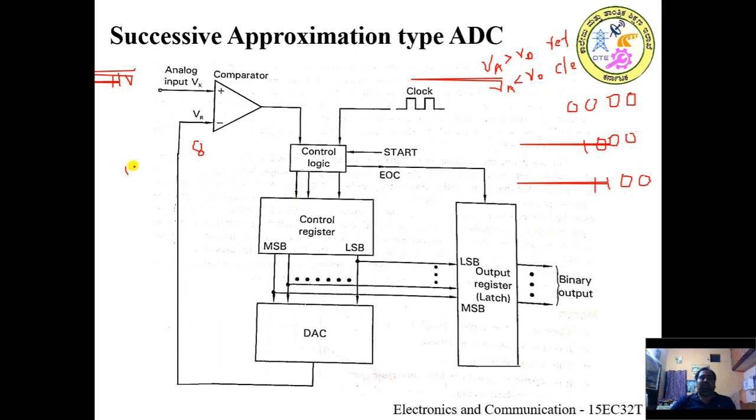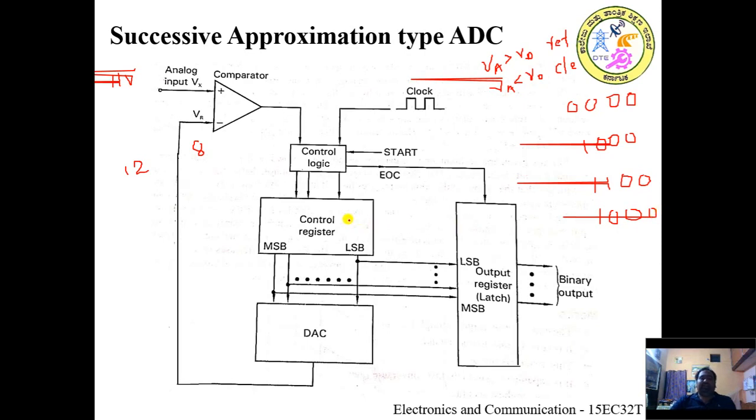So now the value 12 is compared with 11. Now the VA value is lesser than VD. Since VA value is lesser than VD, the control logic won't retain the bit, instead it will clear the bit. Since it clears the second MSB bit, the value is now 1000.